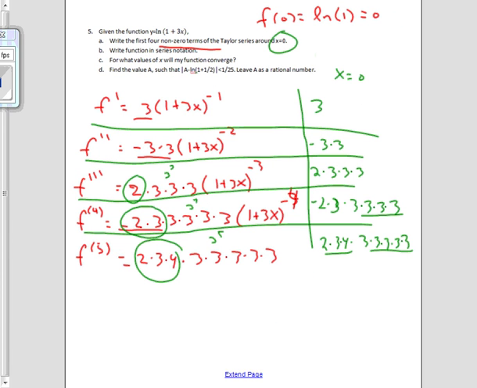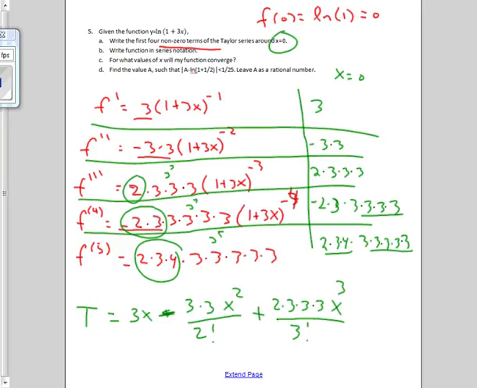So as we write this in a Taylor series, we're going to get T equals 3x minus 3 times 3x squared over 2 factorial plus 2 times 3 times 3 times 3 x cubed over 3 factorial minus 2 times 3 times 3 to the 4th over 4 factorial x to the 4th.